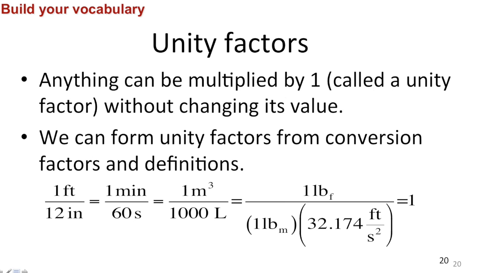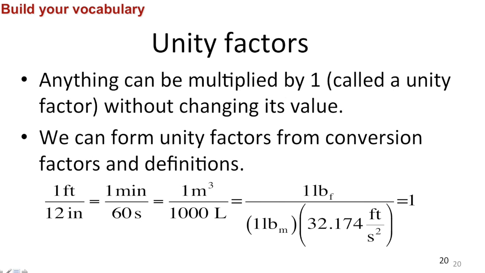Oftentimes we need to do unit conversion. When it comes to unit conversion, the most useful thing is probably a unity factor. There are many unity factors you can use, and you can form unity factors according to your need.